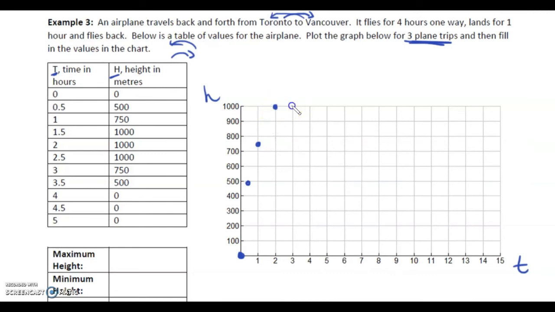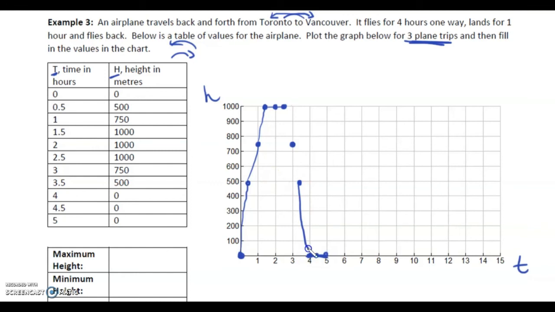And then at 2, it's going to be 1,000. At 2.5, it's going to be 1,000. Okay, that makes sense because it's kind of approximately say the same altitude in the air. And then at 3 hours, 3.5 hours, it's going to go back down, and then 4.5. Then we have 4 to 5 o'clock.